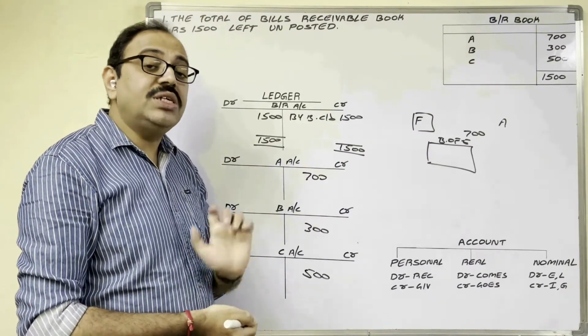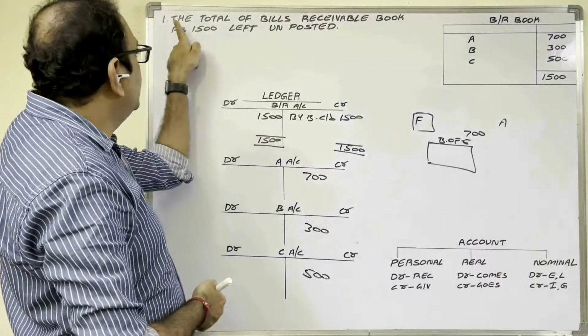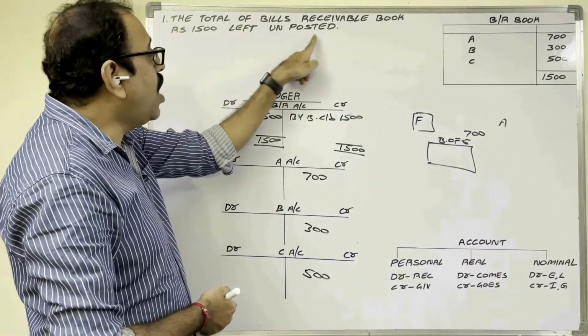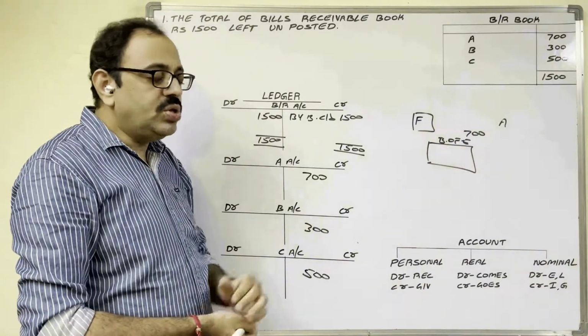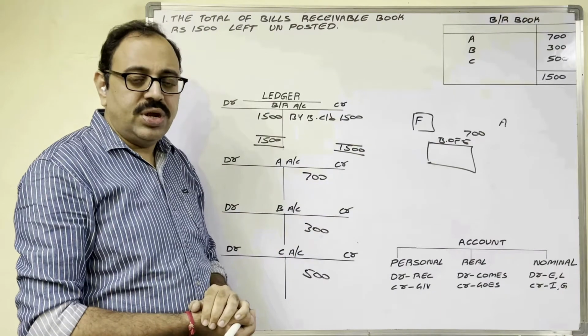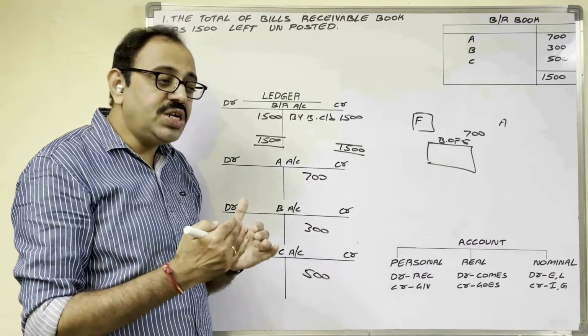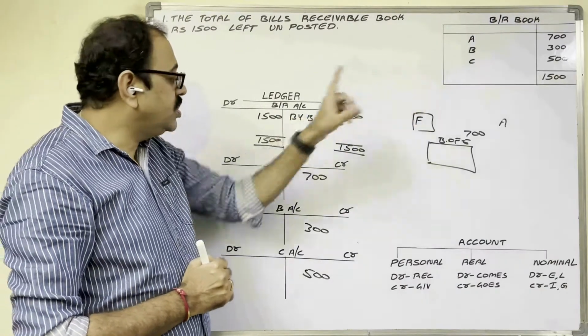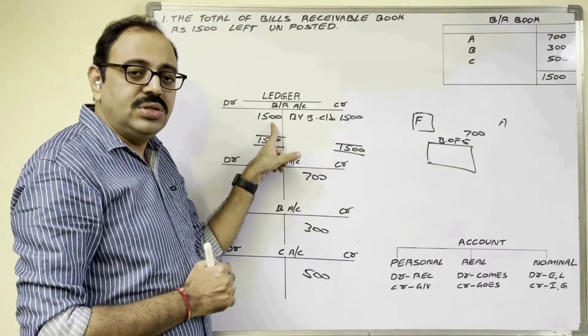Now observe what mistake the accountant did. The total of the bills receivable book, 1500, was left unposted. So this 1500 is not posted in a particular account. Now we should understand in which account this 1500 is not posted. The total we post in the bills receivable account.